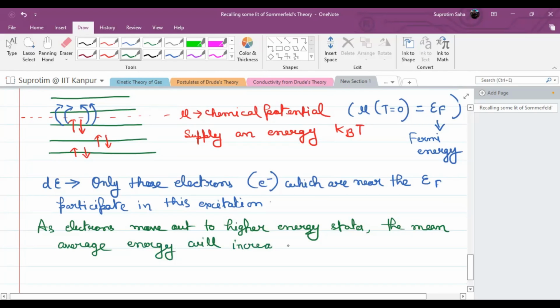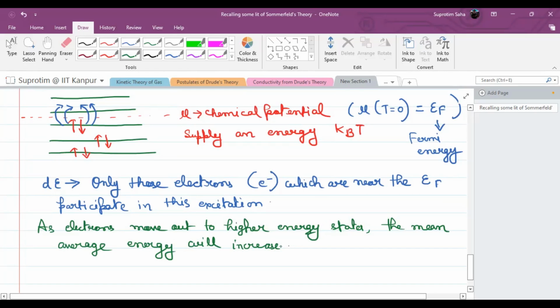So now you can understand that if you increase the temperature of the system, the outermost electrons move out to higher and higher energy levels, followed by the next levels, which will move out to the next energy levels. In this way, the electrons will move out to higher energy levels, and as a result, the mean average energy of the system will increase.